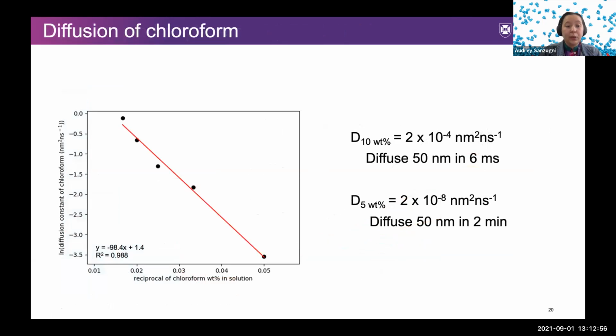In fact, if you graph the log of the diffusion of the chloroform against the reciprocal of the chloroform in solution, we can extrapolate how long it might take chloroform to diffuse through a 50 nanometer system. At 10 weight percent, it takes 6 milliseconds, and at 5 weight percent, it takes 2 minutes.